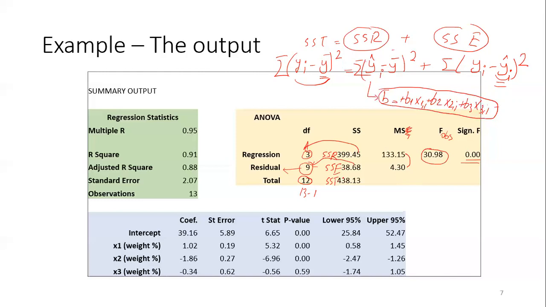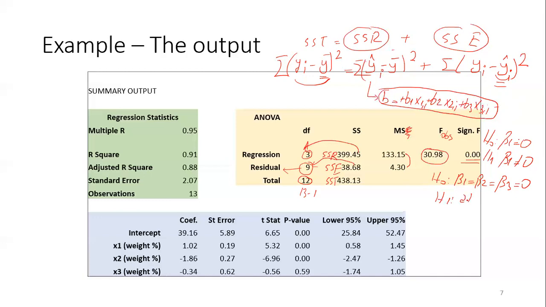Remember, for the single variable case, our H0 was beta 1 equal to 0 versus beta 1 not equal to 0. Now, in this case, our hypothesis will be, and we will go over this in the following slides, beta 1 equals beta 2 equals beta 3 equals 0. What does this mean? It means that all of the betas are equal to 0.